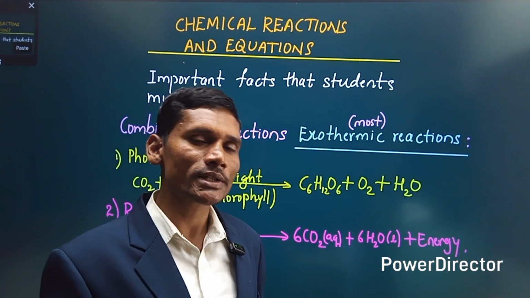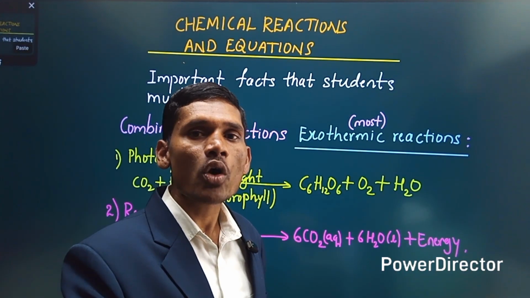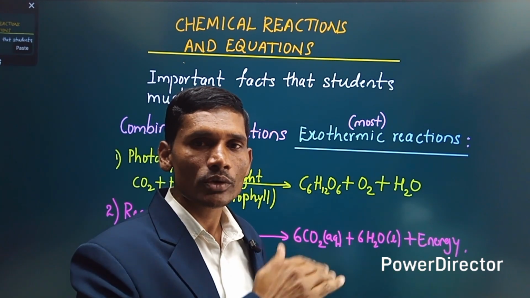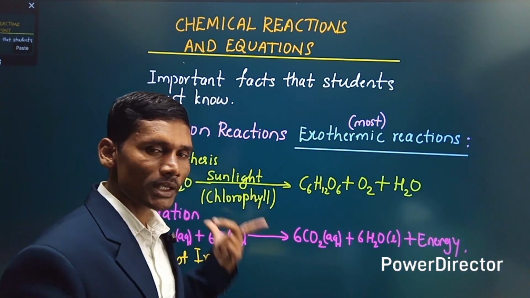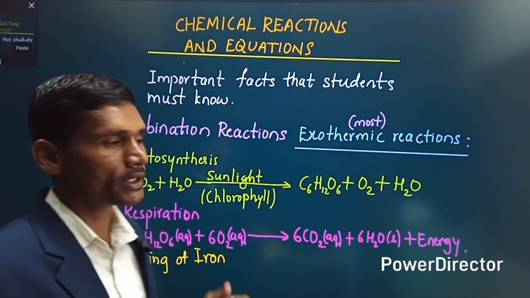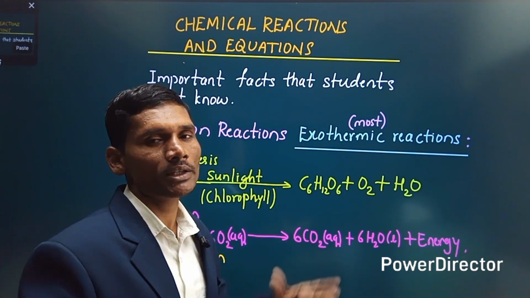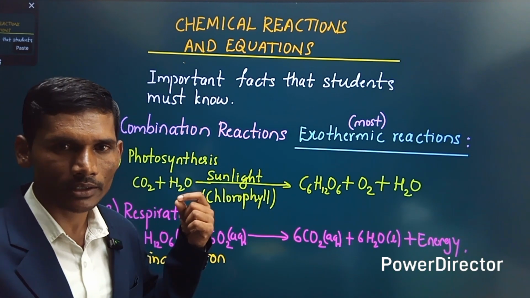And in the second step, that sunlight is breaking the water molecule into hydrogen and oxygen. Okay, means that sunlight is converted into chemical energy, right? So what is happening here? Since it is absorbing energy, we can say this is an endothermic reaction. Though even it is a combination reaction, carbon dioxide and water, it is combination, but it is absorbing energy, so it is an endothermic reaction, we can say, right?